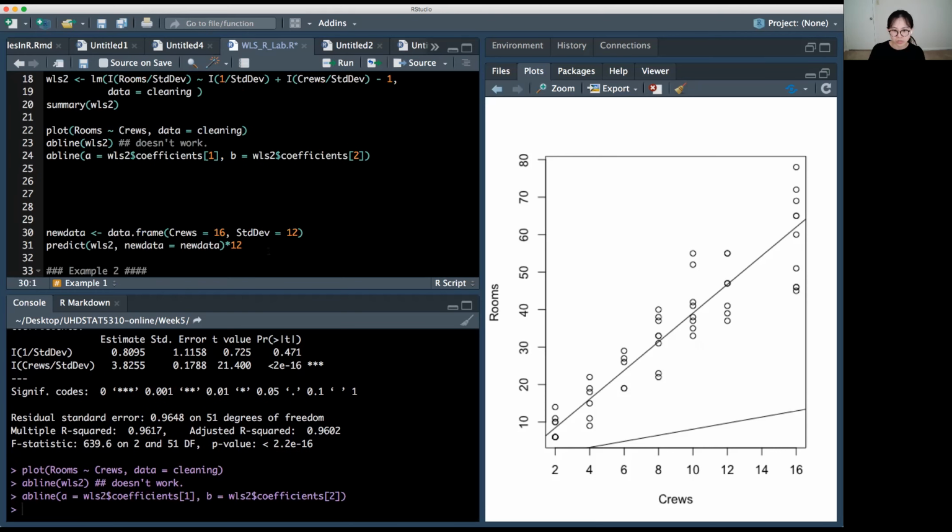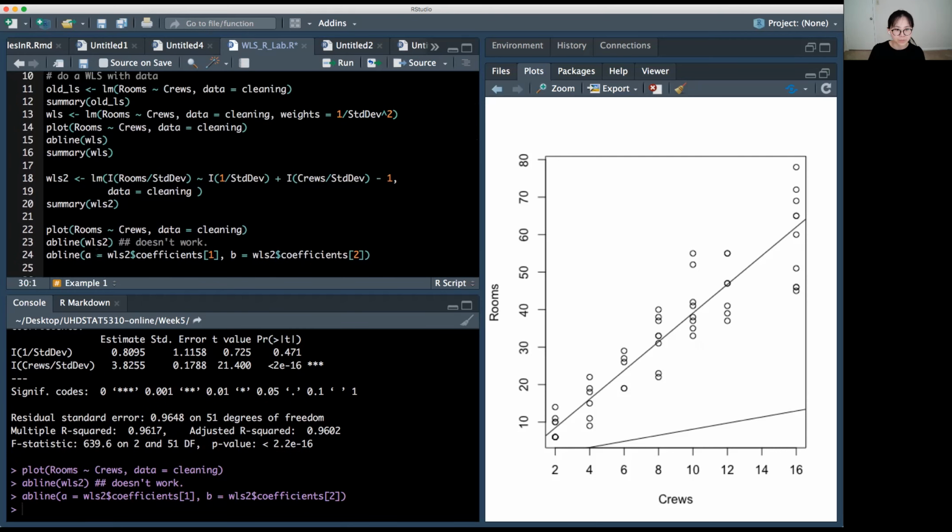Instead, you should specify the value for the intercept and for the slope. If you prefer to do things manually so that you know what is happening with your variables, when you do the plots, you have to specify the coefficients from the model.